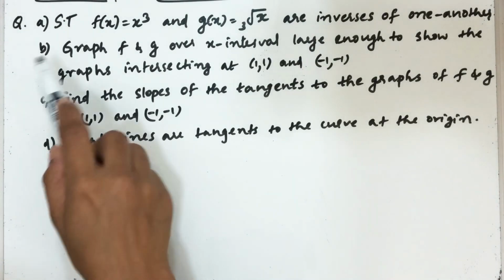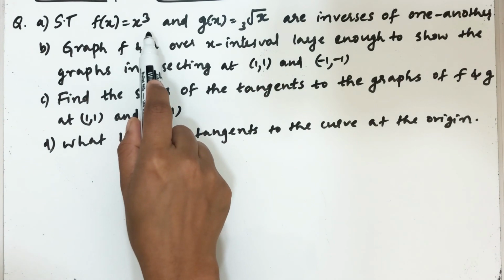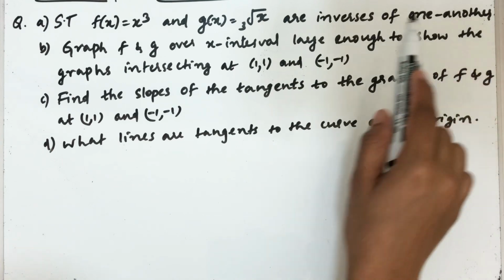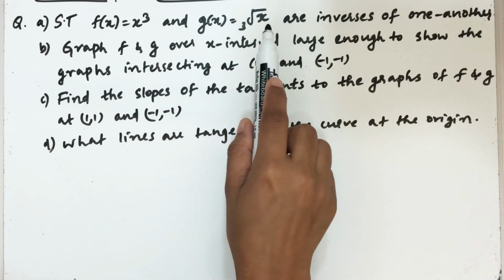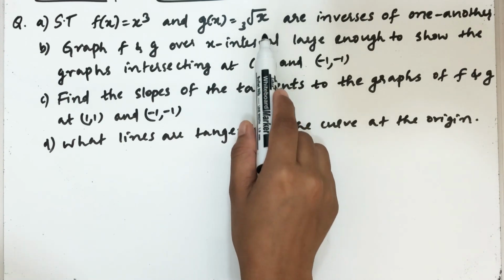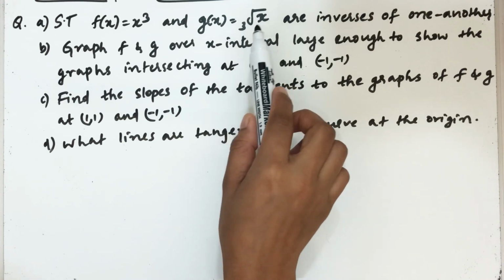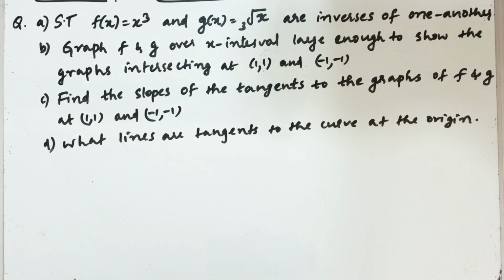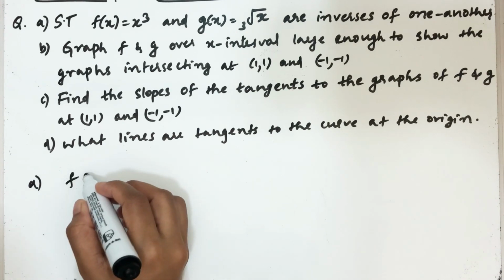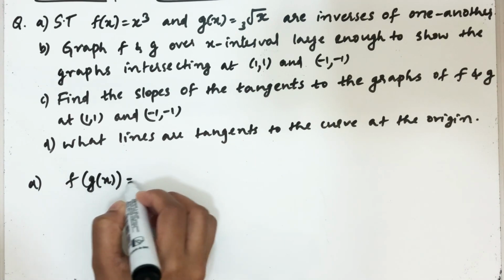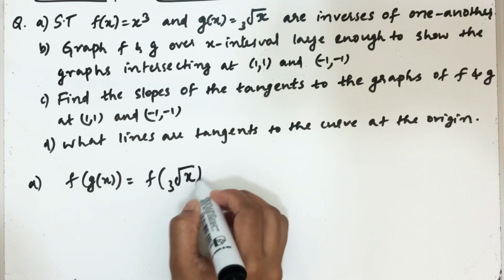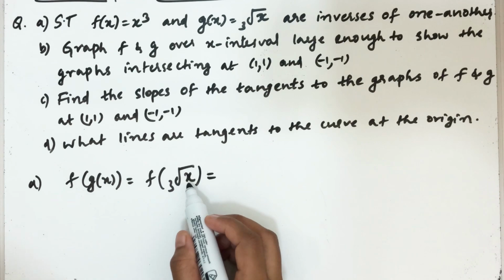Next question. First part: show that f of x is equal to x cube and g of x is equal to cube root of x are inverses of one another. To show they are inverses of one another, it's enough to check that f of g of x is equal to g of f of x is equal to the identity function. That is, f composite g and g composite f are equal to identity. So f of g of x, where g of x is cube root of x, and f of x is x cube.